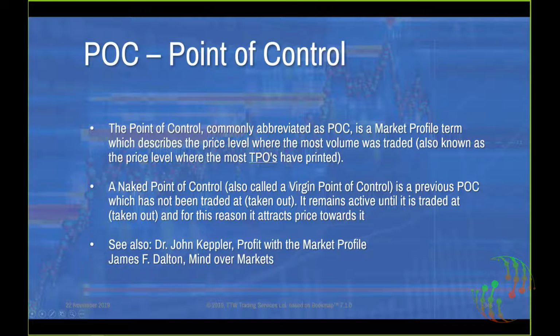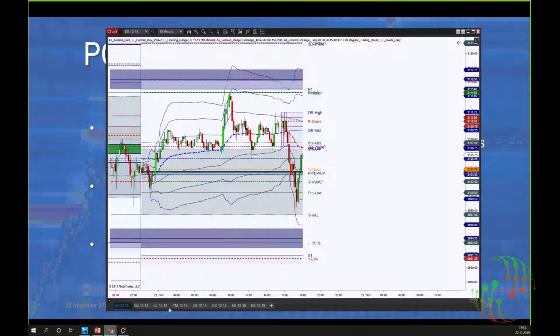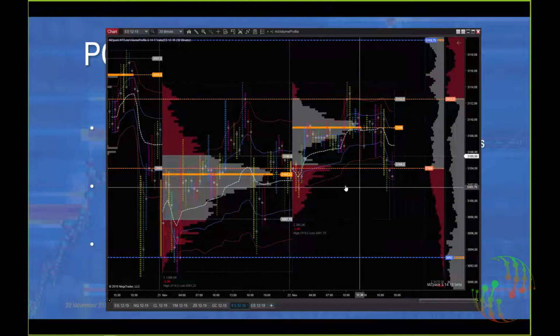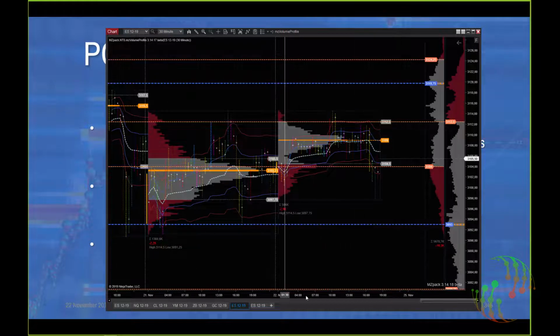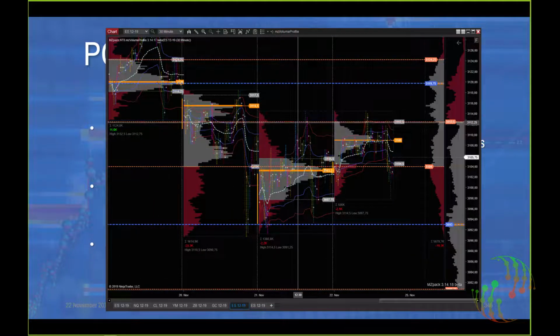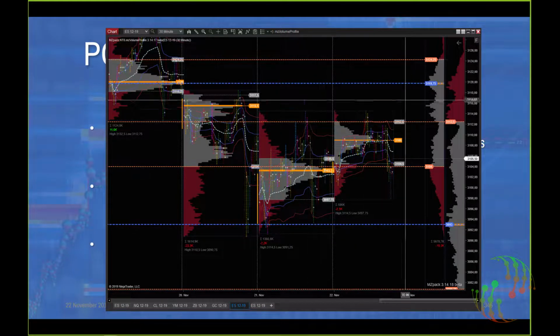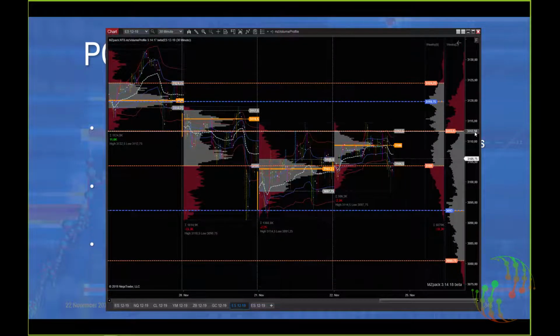If you have a chart like this one, then you for sure know what a volume profile is and where it is located: the naked POCs, the last POCs and the past POCs, the virgin ones, whatever you want, you can get it on your chart.